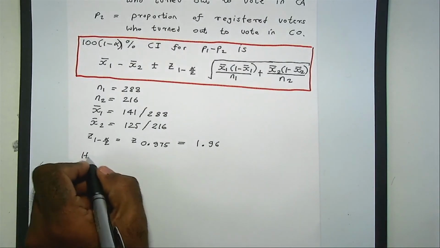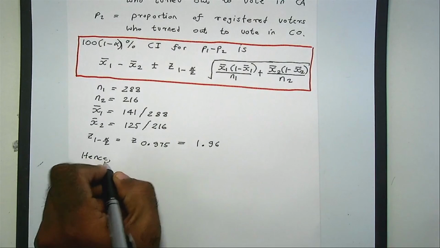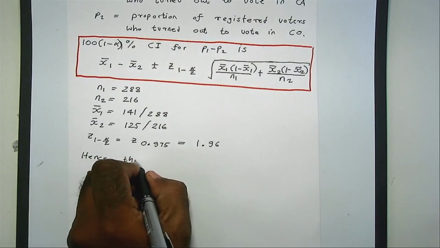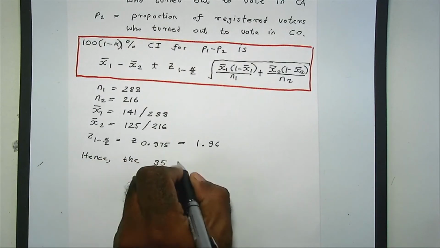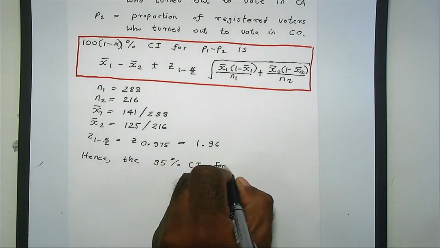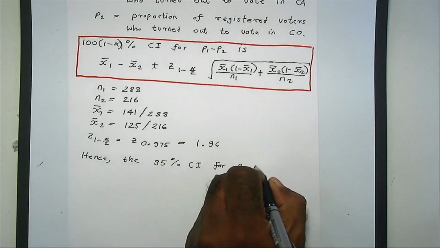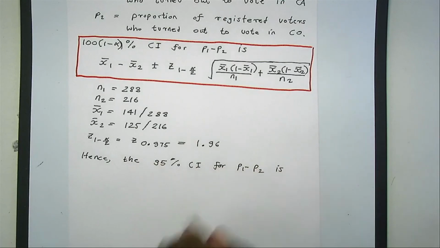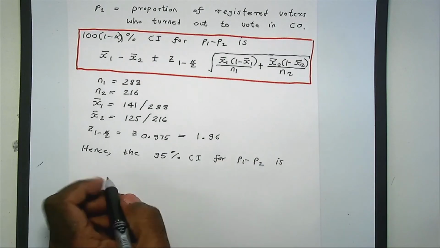So hence the 95% confidence interval for the difference is the following.